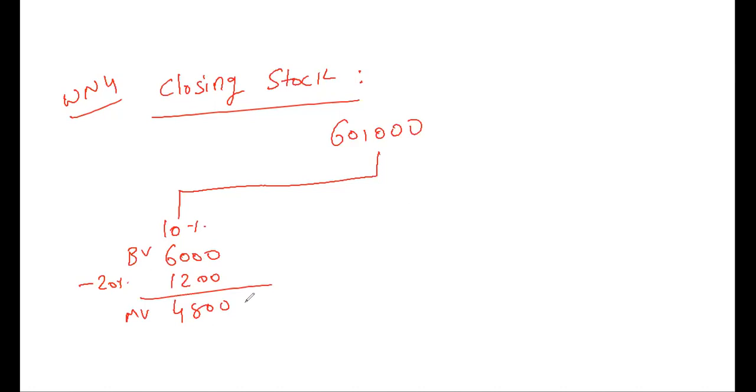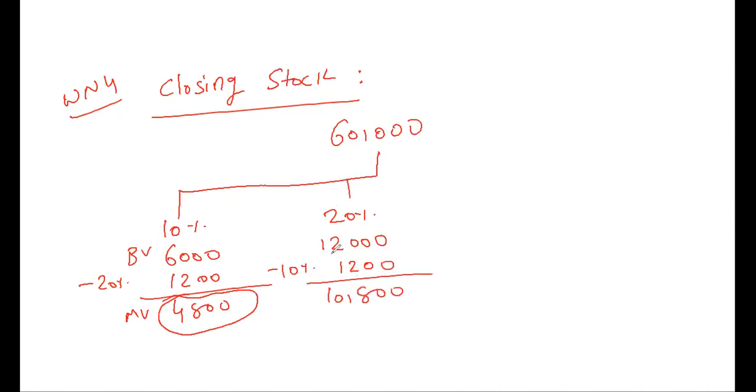If we compare book value and market value, whichever is less, 4,800 is less. Then 20% of the goods, that means 12,000, is 10% less. So 10% of this 12,000 is 1,200, which comes to 10,800. Again, this is book value, this is market value, whichever is less, 10,800.